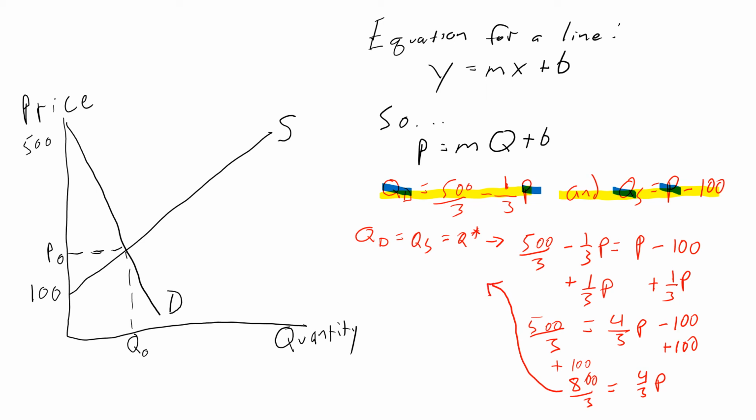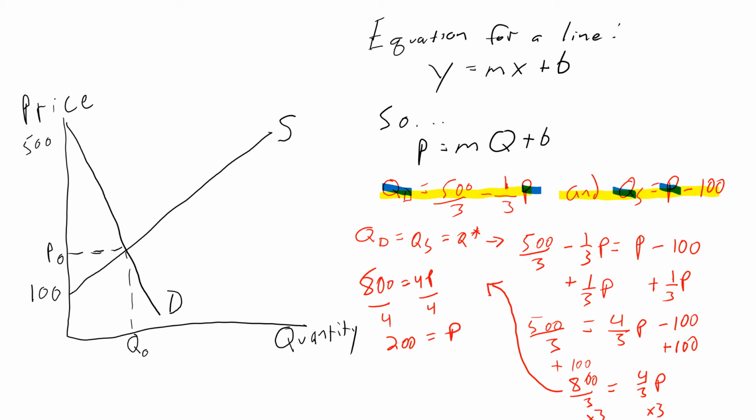And we can multiply both sides by 3. We get 800 is going to be equal to 4P. We divide both sides by 4. 200 is equal to P.